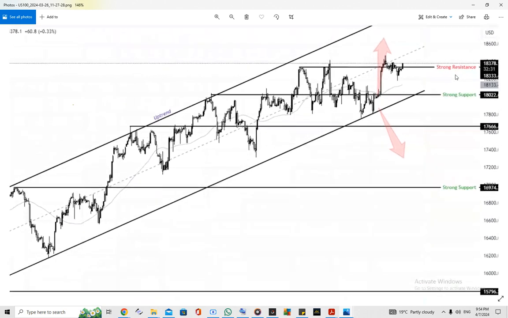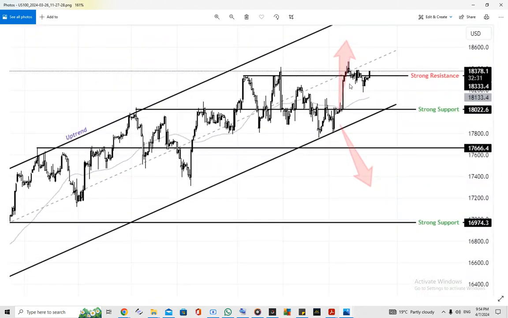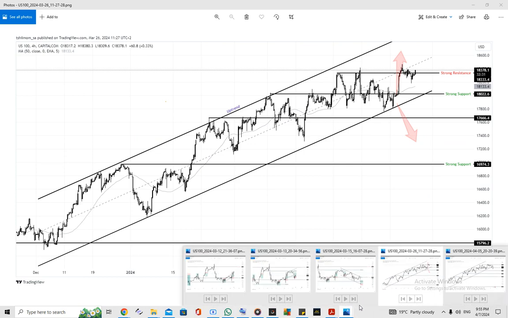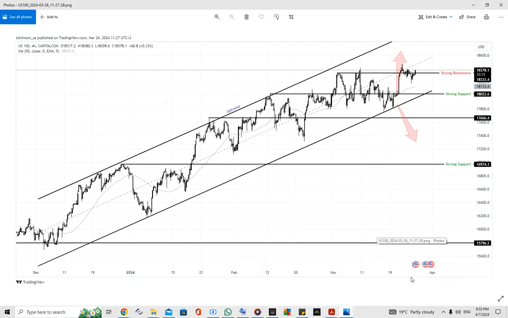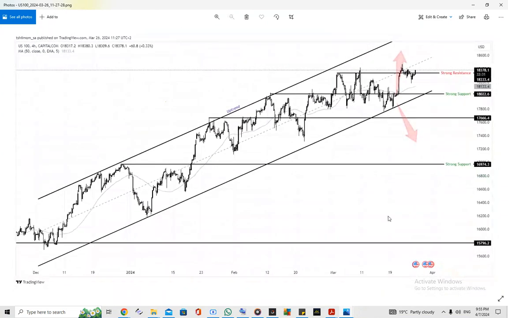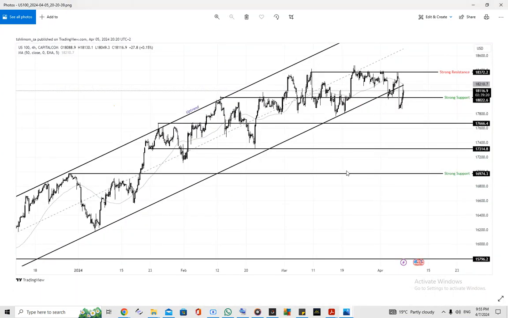Now, I want you to see something. I marked out this level as a resistance level, which is 18,333. So that level we reached it on the 26th of March. Now I want to show you something about marking out these levels.